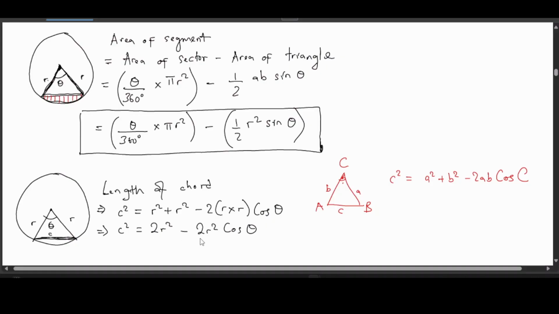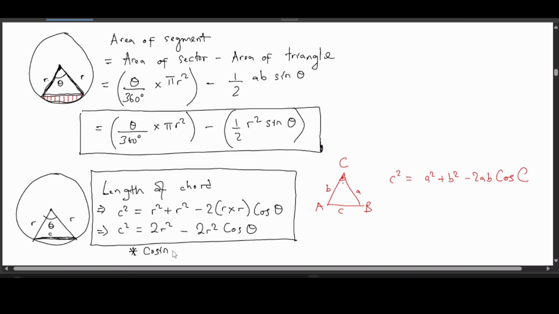Don't be tempted to subtract and get zero; you subtract because this is 2r squared cos theta. So take care not to use the cosine rule anyhow. So use the cosine rule properly.